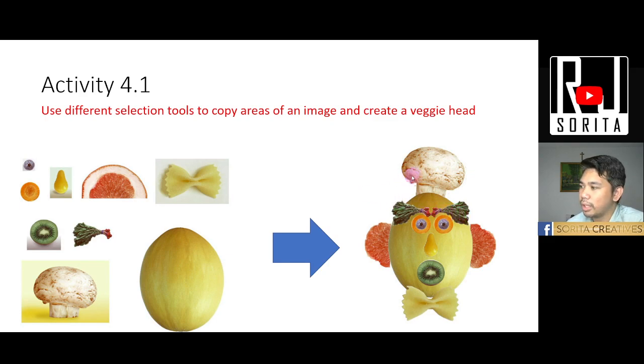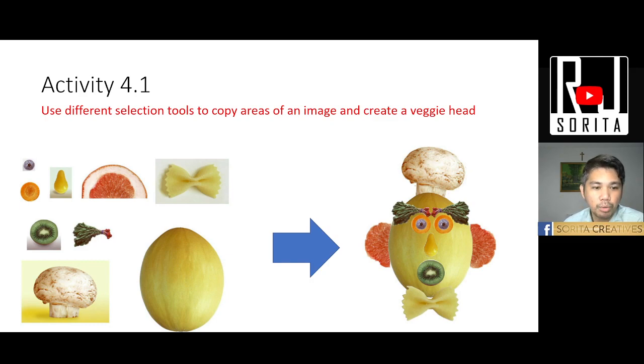So if you will notice, based on the output, the background of the different items are not present. So you really have to use the proper selection tools. So after making a selection, all you have to do is copy and then paste, and you move it to its proper place.